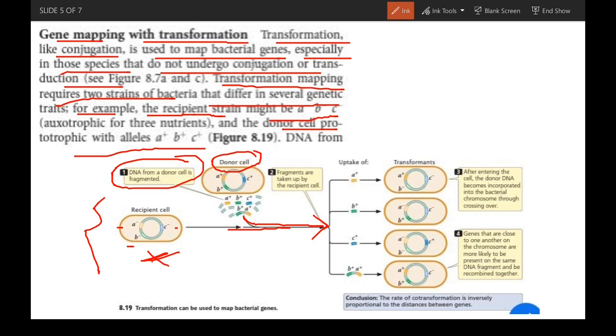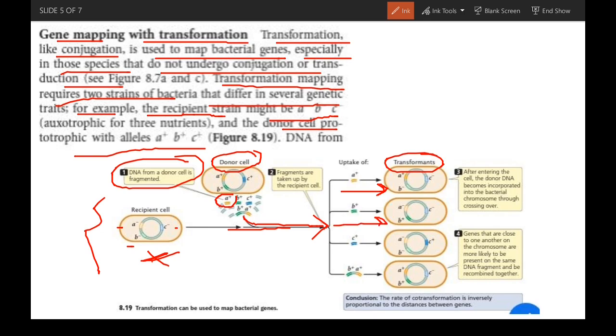So what happens, transformant 1: the A plus gene is taken up in the fragment. This A plus is taken up by one of the recipient cells and crossing over takes place, and this transformant becomes A plus, while it was earlier A minus, but the rest, B minus, C minus, remains.